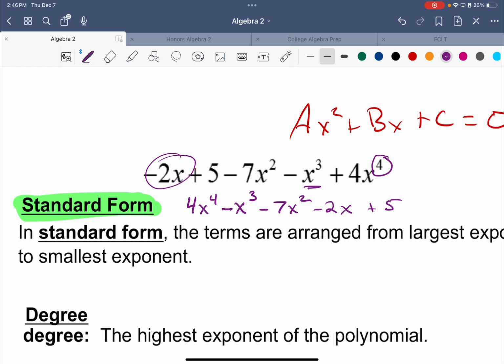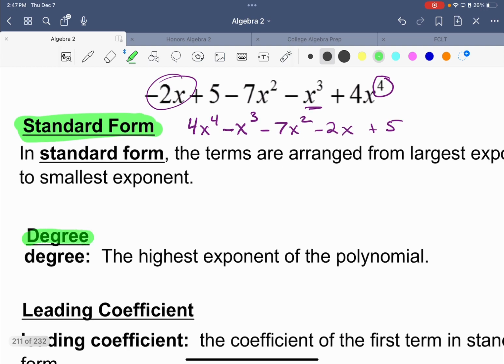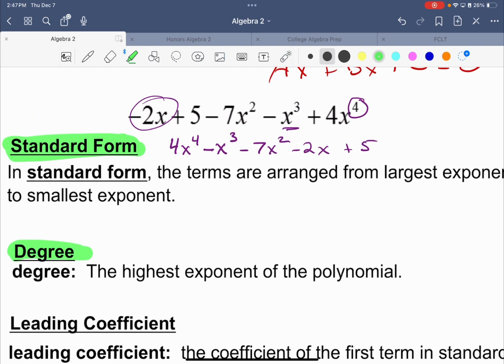So that's standard form. The next thing for your notes is degree. Degree is the highest exponent of your polynomial. If you've already got it in standard form, finding its degree is quite easy. In our case, the degree of this is 4.